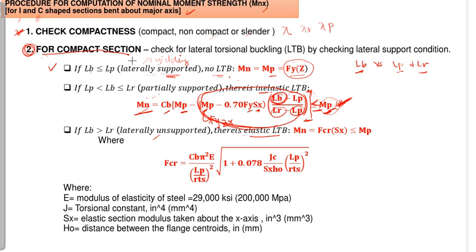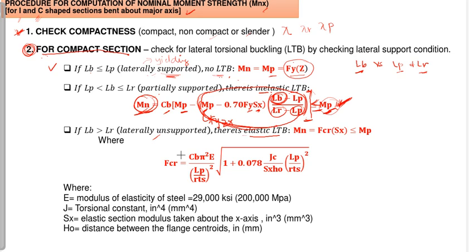Kaya yung ibibigay yung sagot sa akin is yung na-calculate na Mn. Okay? Using the equation, kahit na mas greater siya sa Mp. Yung actual na na-compute nyo na Mn, yun yung magiging sagot dapat ninyo.